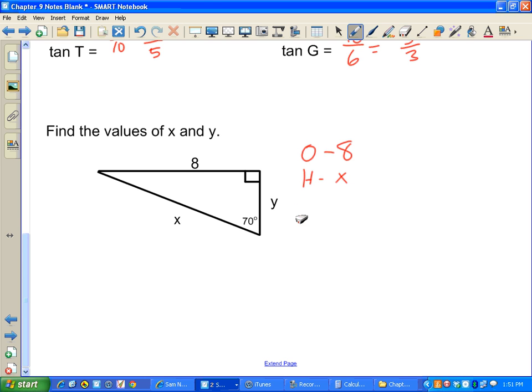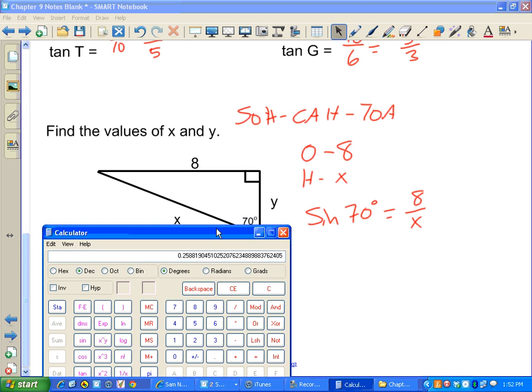So I'm going to use a trig function that deals with O and H. Well, from SOHCAHTOA, OH is the sine. So I'm going to take the sine of 70 degrees, and I know that that should equal the opposite over the hypotenuse side.